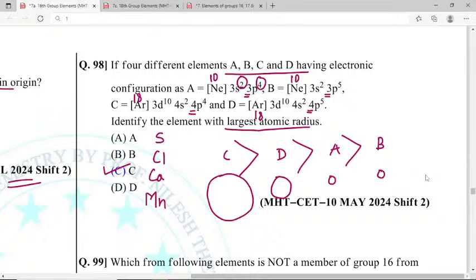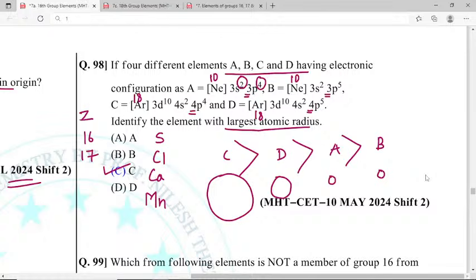So 16 is sulfur, atomic number 16. I am trying to find out the atomic number. Yes, very good. B is 2 plus 17, chlorine, atomic number 17. Here Z is the atomic number.